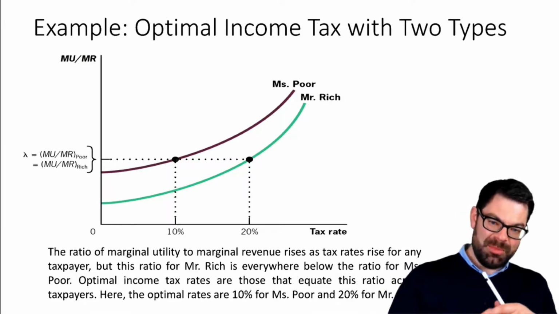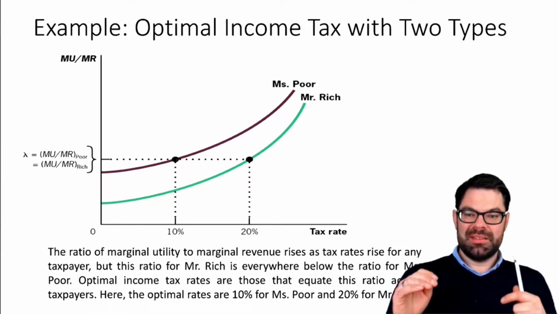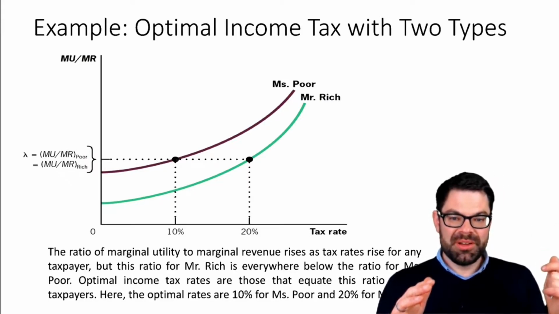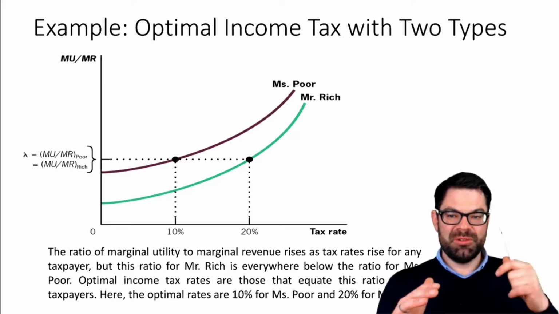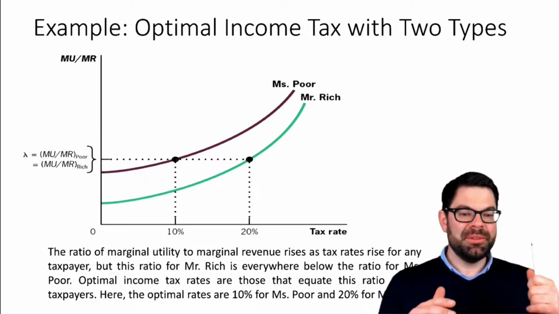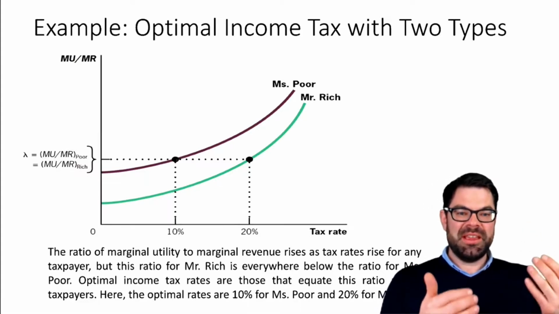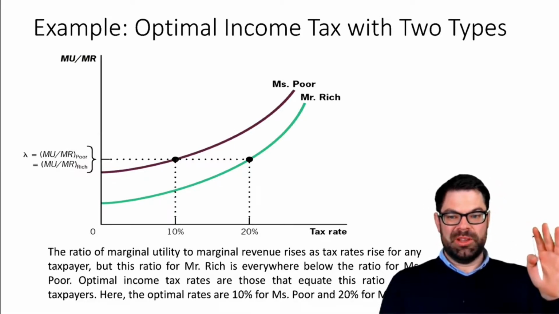Now, why is it upward sloping? That's because as the tax rate goes up, the marginal revenue goes down, and so that's the denominator, and so the curve is upward sloping.